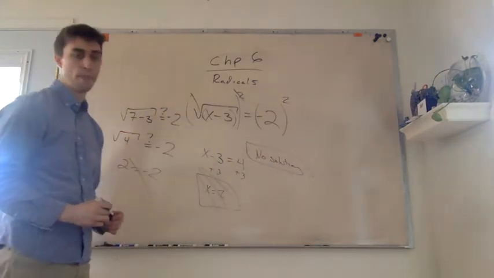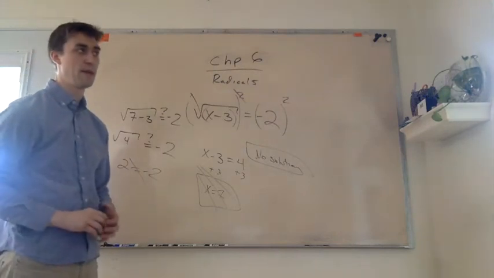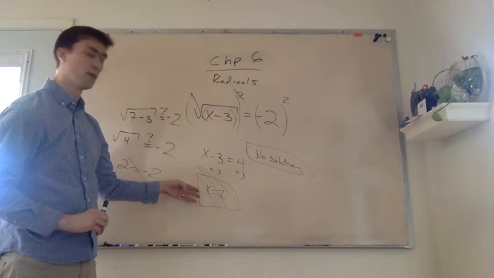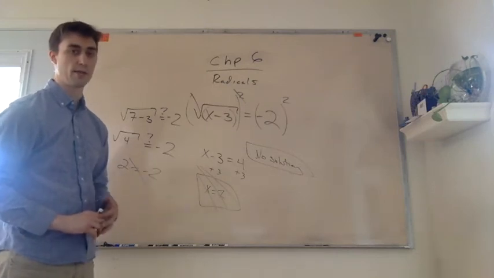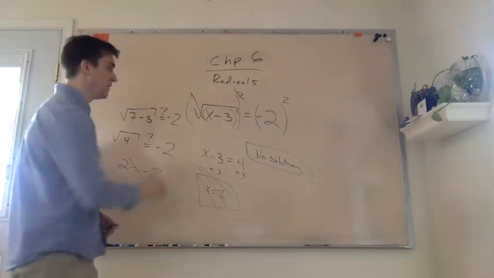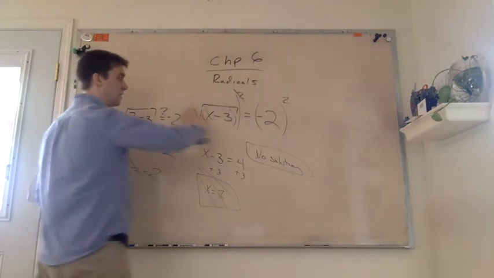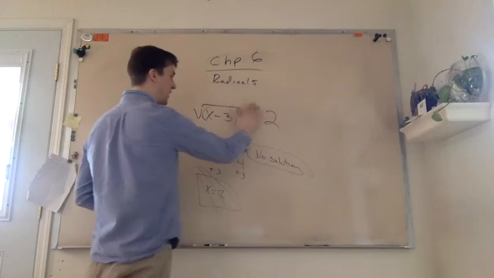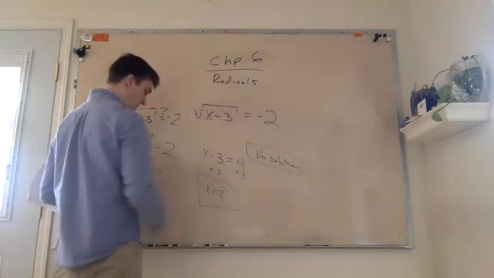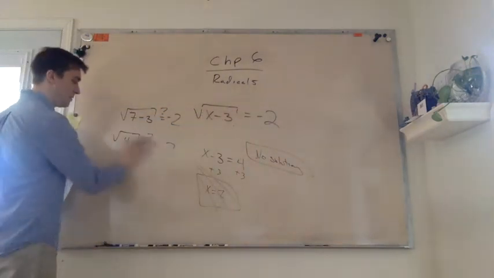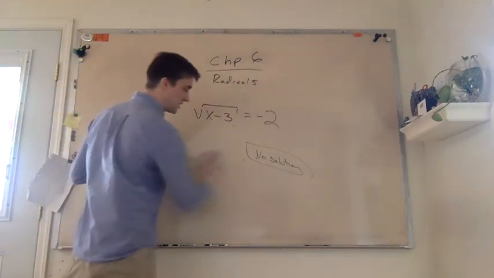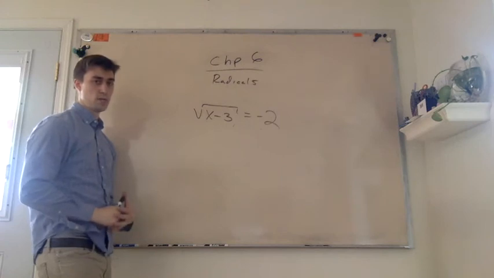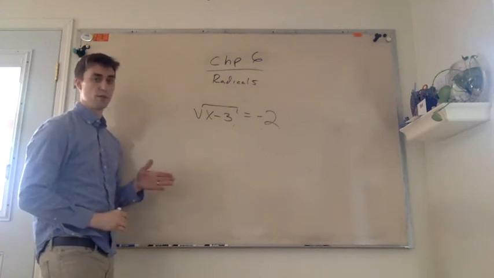That can happen. It's possible for that to happen. Anytime you square both sides, you've got to check to make sure that what you found is in fact the right answer, because there could be no answer. And if you go back to this, maybe you can see that there is no answer from the get-go. Remember how in the beginning we were talking about how anytime you see the square root symbol, it's the principal square root, which is always the positive version.